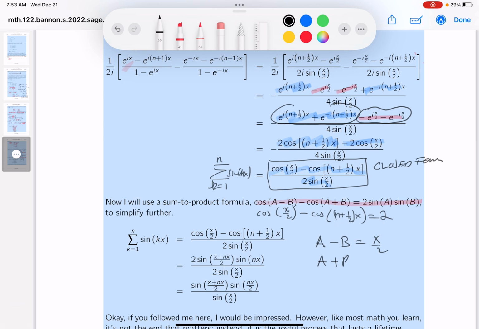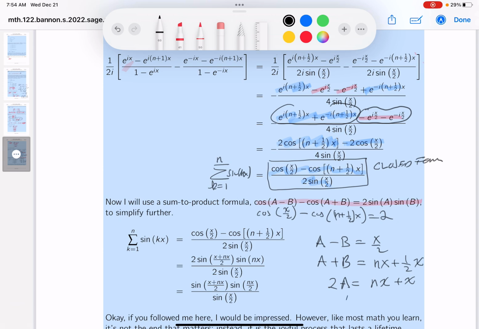And a plus b is equal to nx plus 1/2 of an x. I'm going to add those together. And what would you get? You would get 2a. Let's see. You would get nx. Well, half an x plus half is just an x.